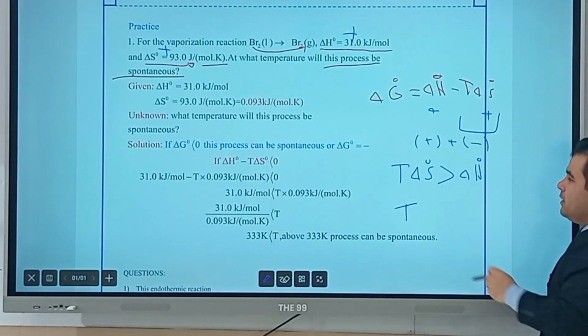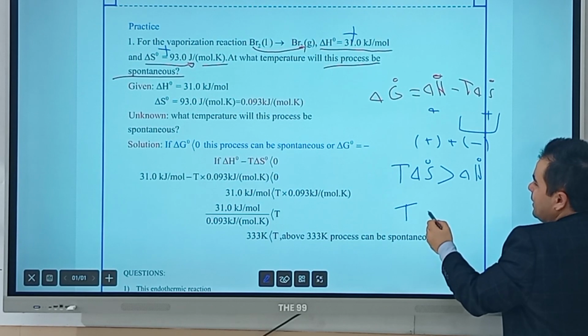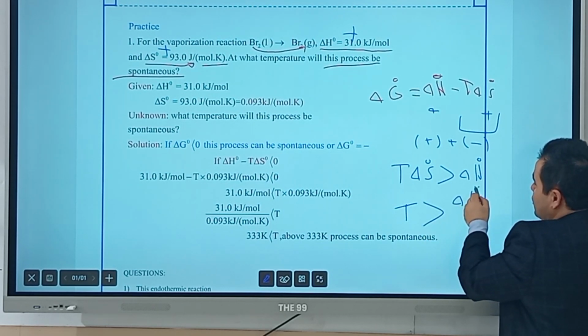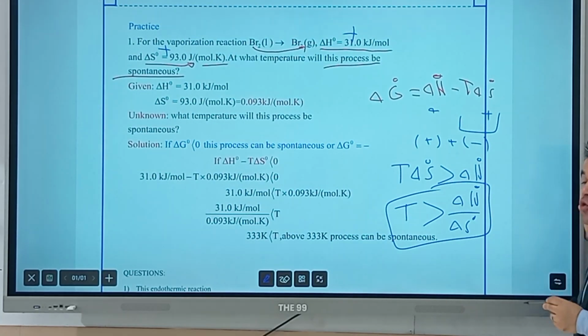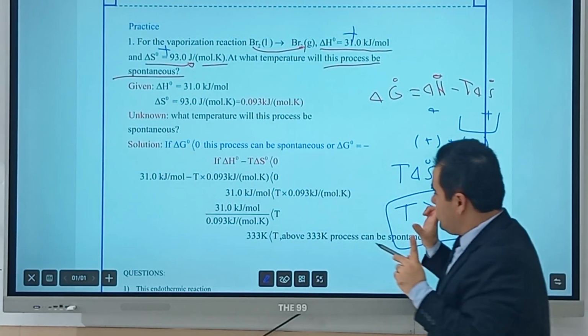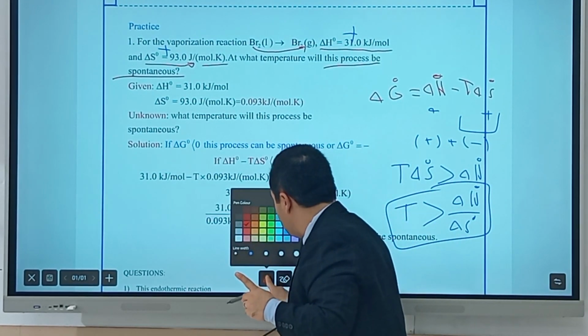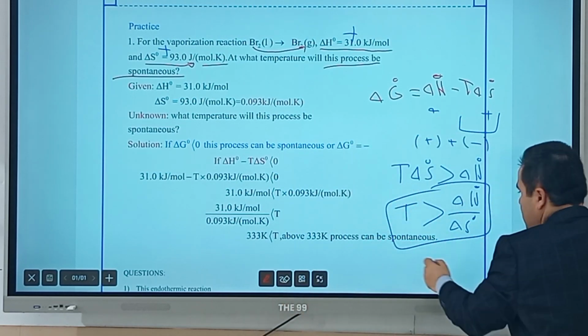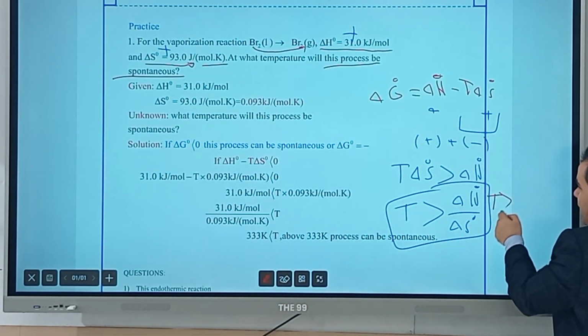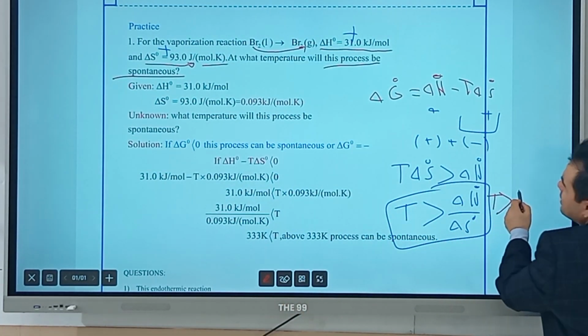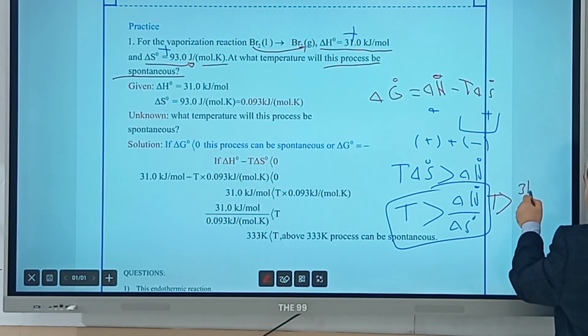Or in terms of T, divide both sides by delta S. T higher than delta H over delta S. This will result in a spontaneous reaction. But guys, let us divide the values of delta H over delta S. So we can say T higher than delta H, which is 31 kilojoule per mole.